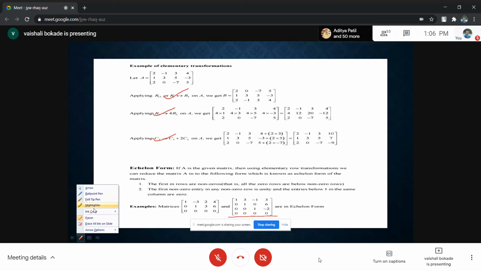Similarly, for this second matrix, we have 3 non-zero rows, so we can guess this matrix has rank 3. I hope most of you are getting what the echelon form of a matrix is.